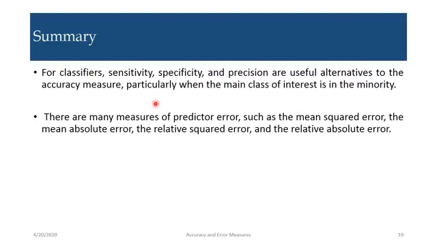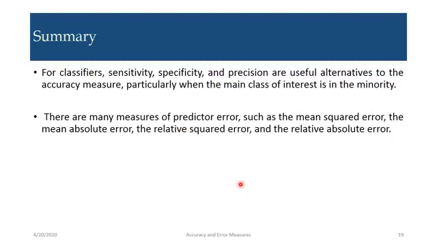Then there are many measures of predictor error. So how are we able to measure the prediction error? For that, there are the mean squared error, the mean absolute error, relative squared error and relative absolute error. So these are the different formulas or methods through which we can calculate the error for the prediction. In case of prediction, we know the actual response value, it is given, and we calculate the predicted response value by using a particular model.